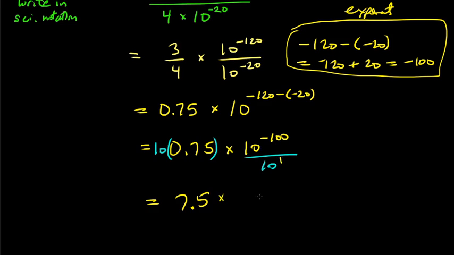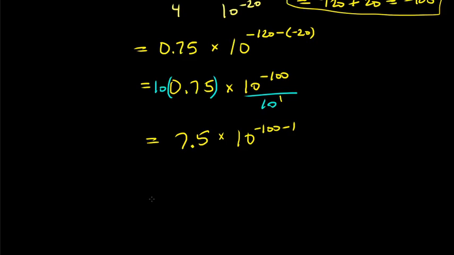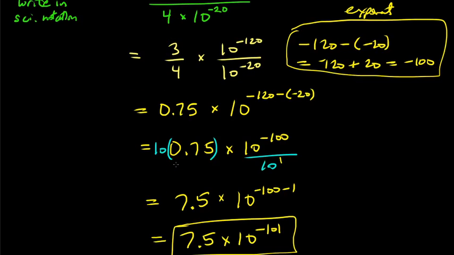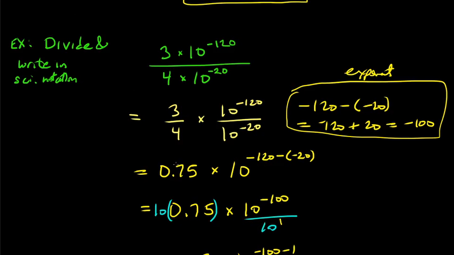And now when we divide by 10, we take negative 100 and we subtract another 1. Negative 100 minus 1 is negative 101. Right? So 7.5 times 10 to the negative 101. Right? And so that's the answer. I'll just write it up here.